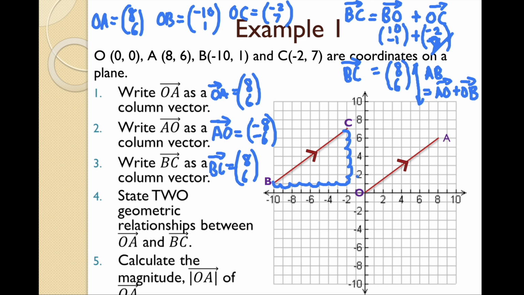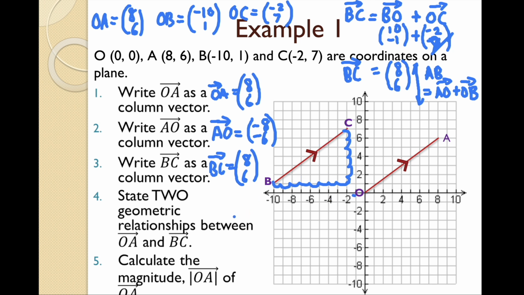You follow me? The coordinate of C is what? Negative 2, 7. So naturally OC is negative 2, 7, because it's the origin. It's just a point. Does that make sense?